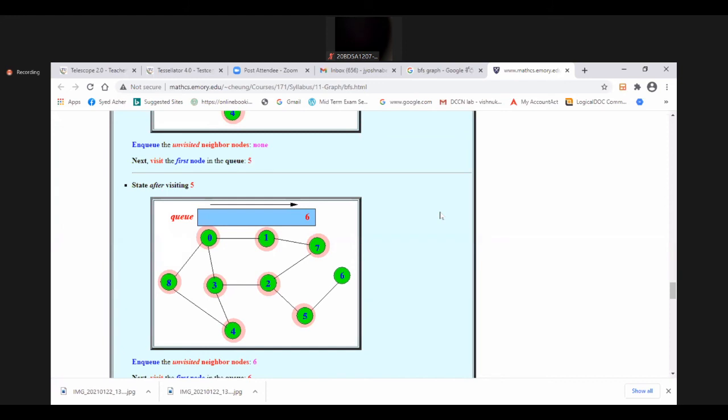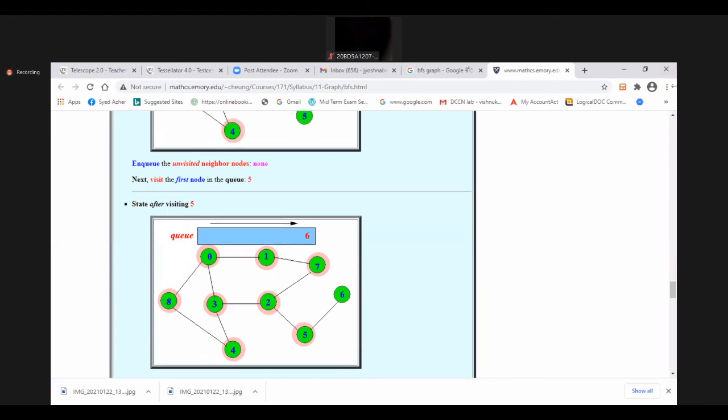See, what is our main intention? We want to remove some of the edges to draw the spanning tree. Which edge is to be removed depends on the queue data, because we are following the BFS strategy.